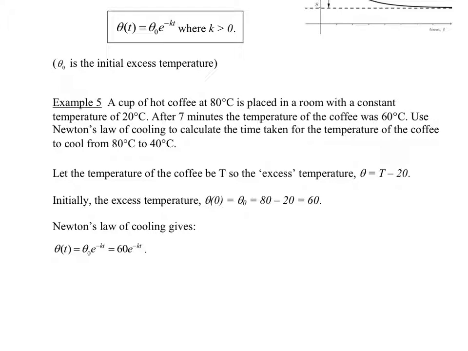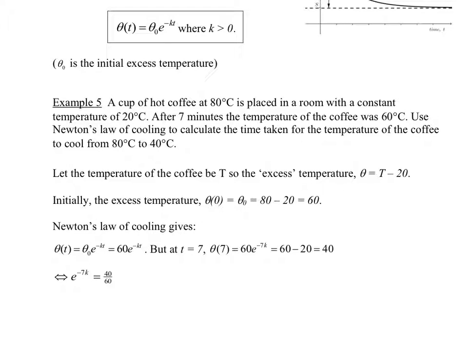In other words, 60 e to the power of negative kt, when t is equal to 7, is going to be equal to 40. So we now have 60 e to the power of negative 7k is equal to 40, and from that equation we can solve for k.